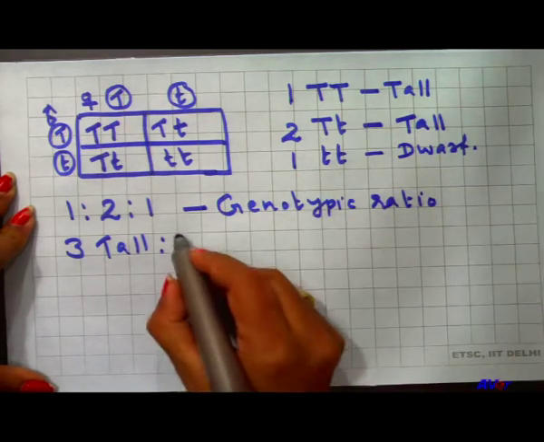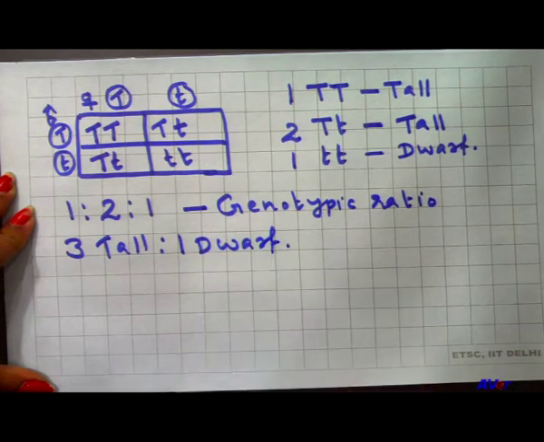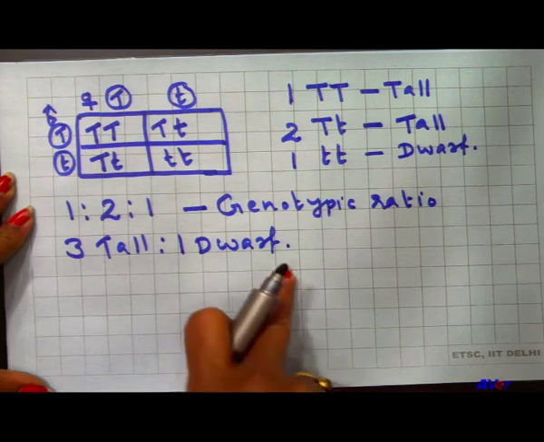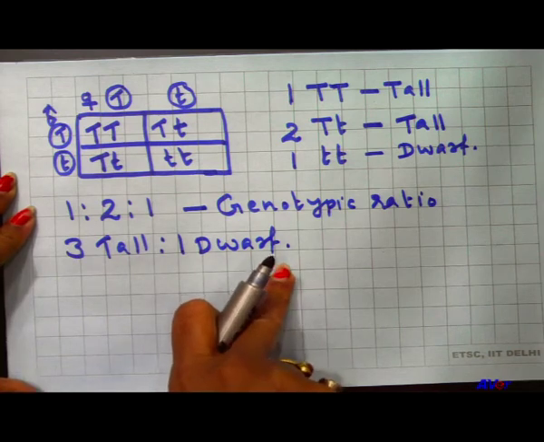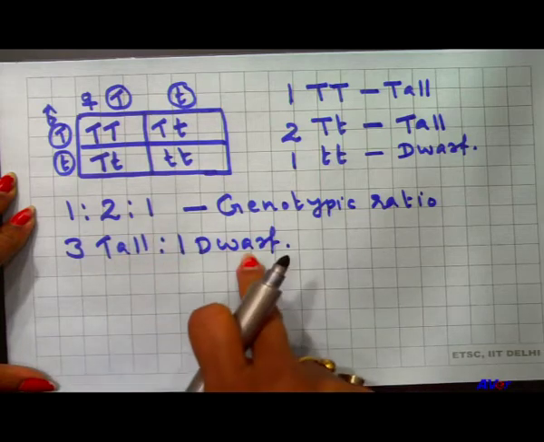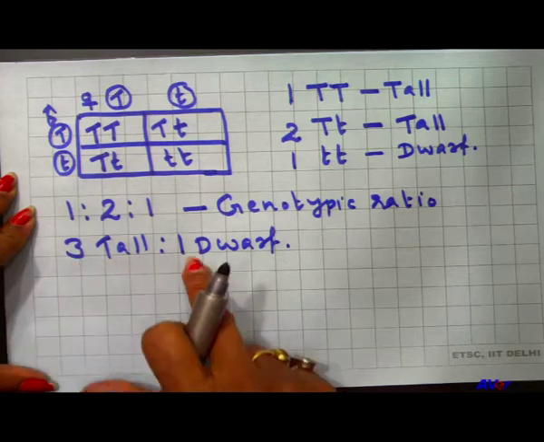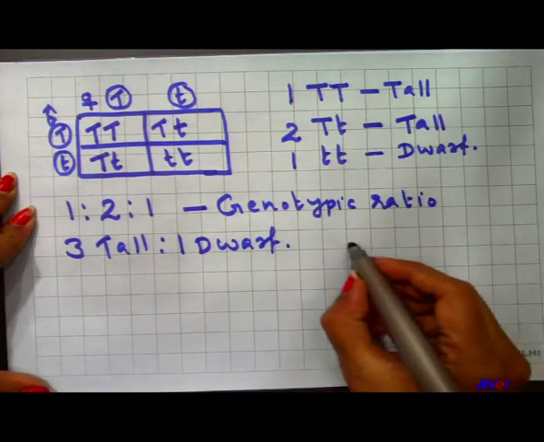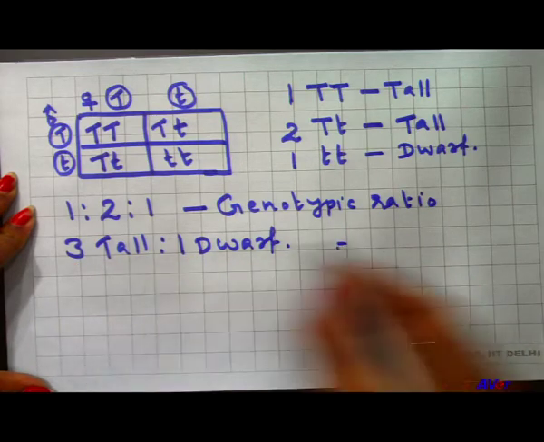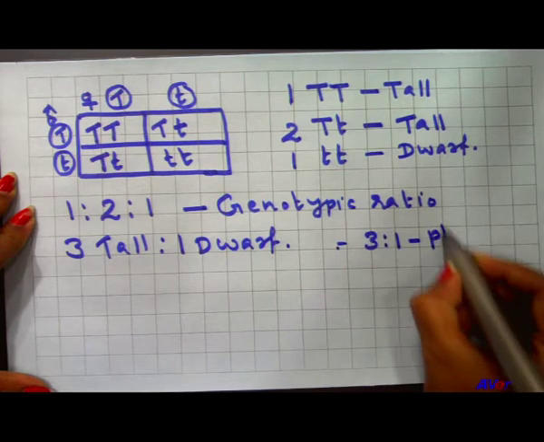So, that means 1 dwarf. So, tall and dwarf again it is phenotype, not the genotype. So, here we got the ratio 3:1. This ratio 3:1, that is known as phenotypic ratio.